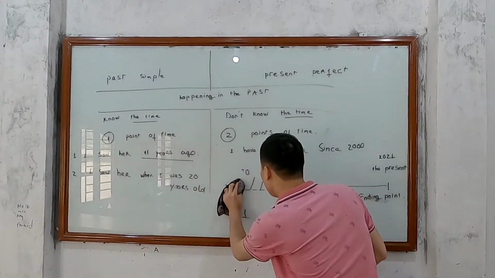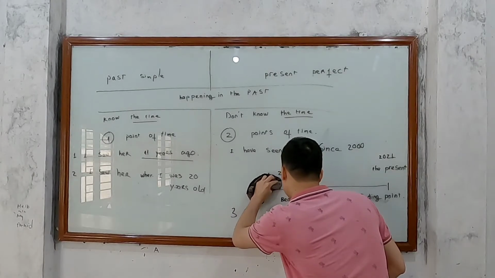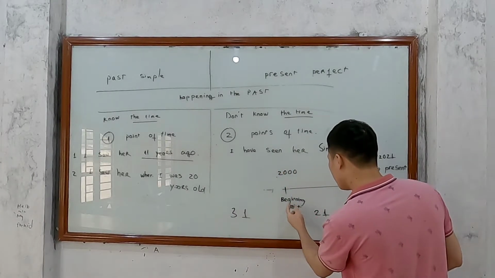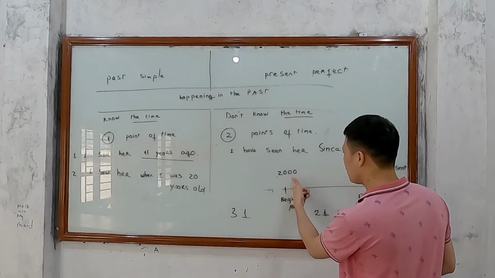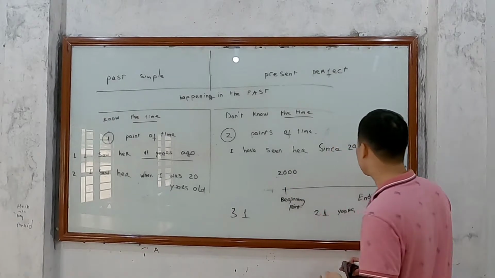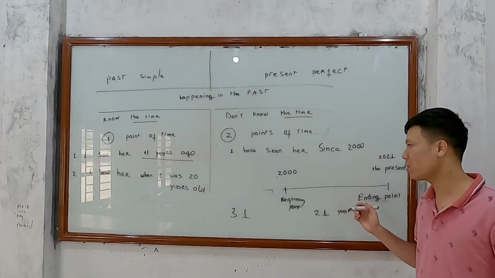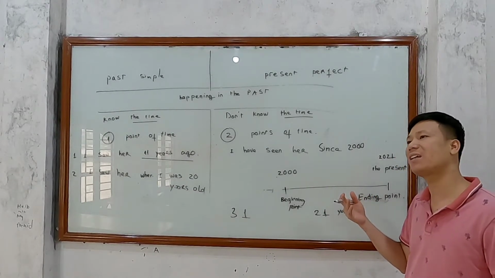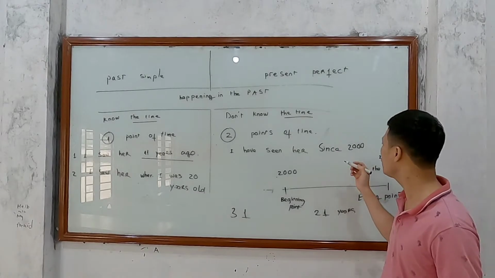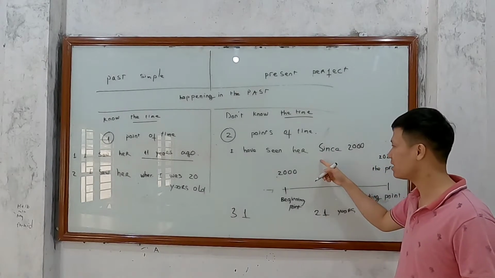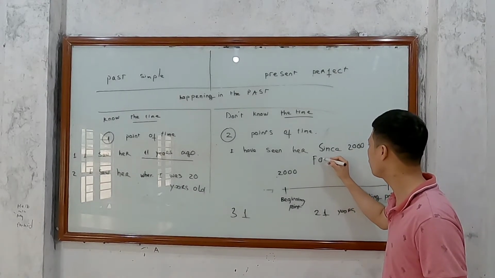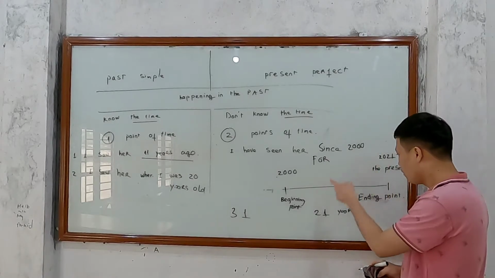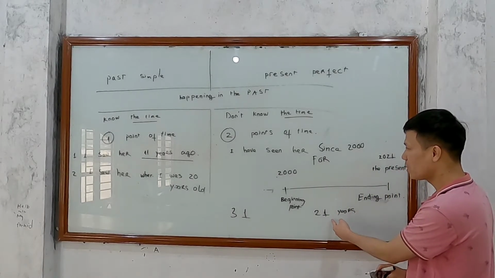We can remove this period of time, and you see the beginning point right now is 2000, and we have another word. It's just another kind of expression. If you don't want to use the word since, you can use the word for. For how many years?